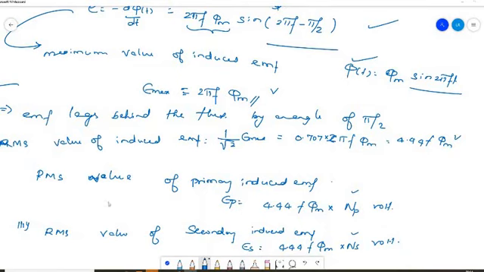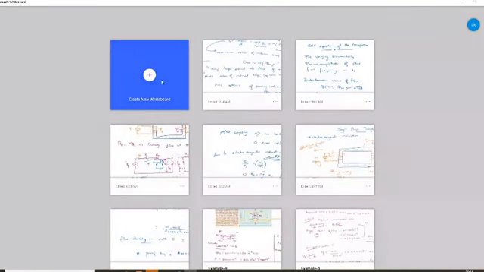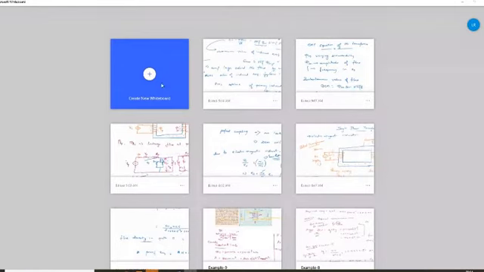So finally, what are the losses that are actually happening in the transformer? As I told you, there are two losses basically. One is the I square R losses.